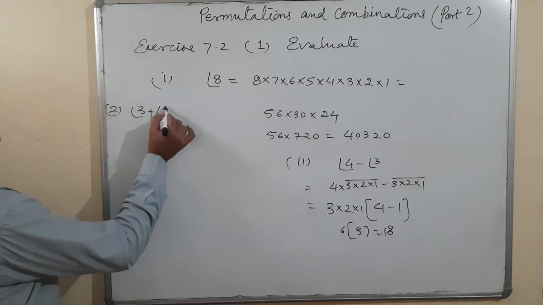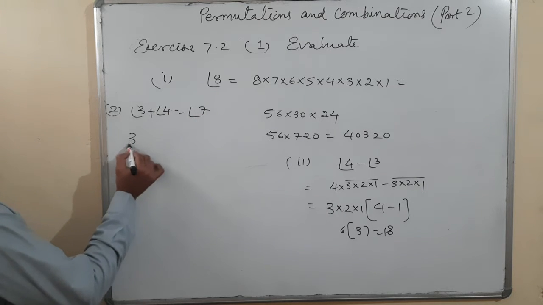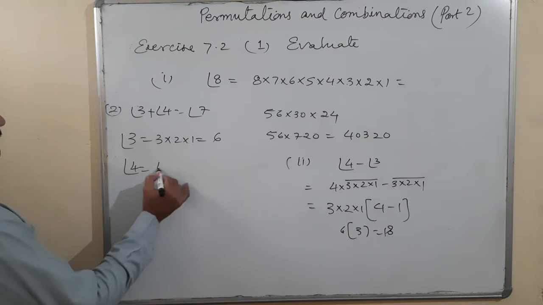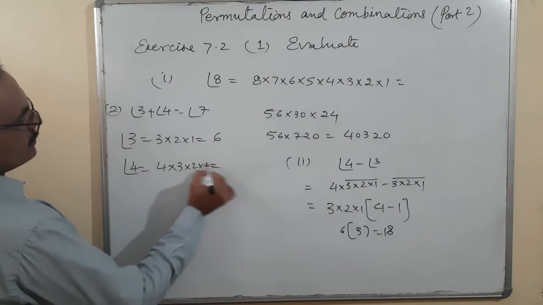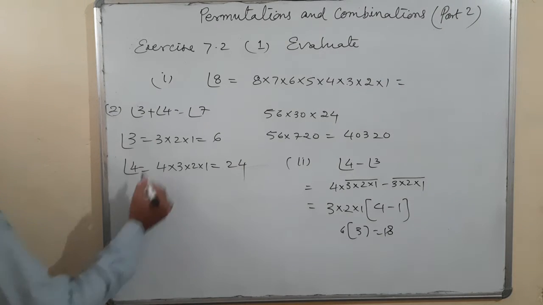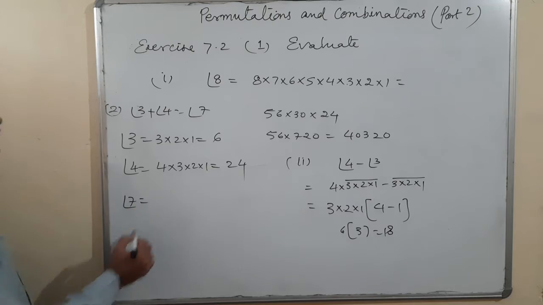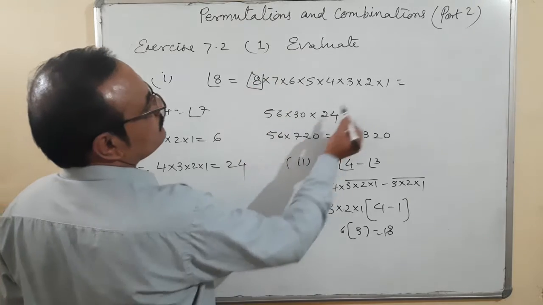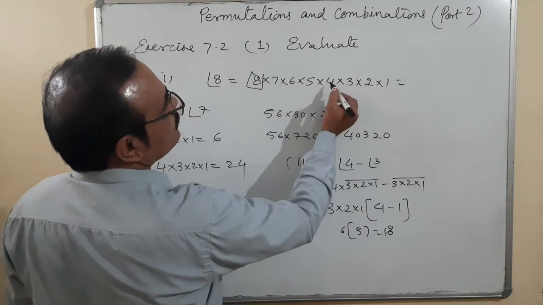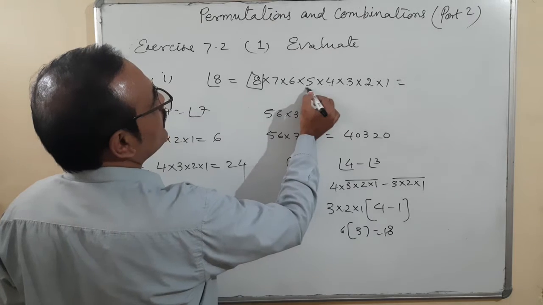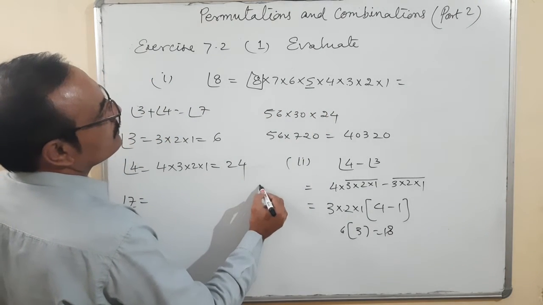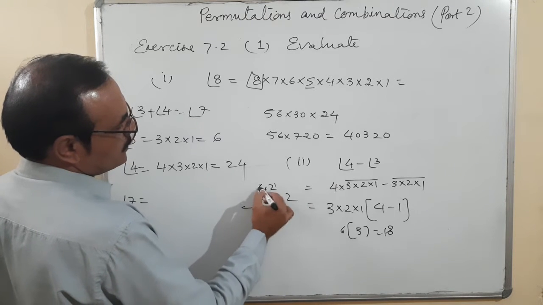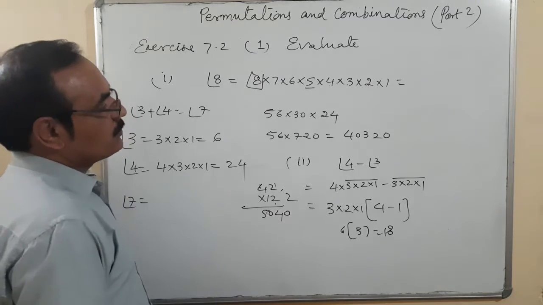Factorial 3 plus factorial 4 is equal to factorial 7. Factorial 3 is 3 into 2 into 1, which is 6. Factorial 4 is 4 into 3 into 2 into 1, 4 3s are 12, 24. And factorial 7: 2 3s are 6, 6 4s are 24, 24 5s are 120, 120 6s are 720, 720 7s are 5040.